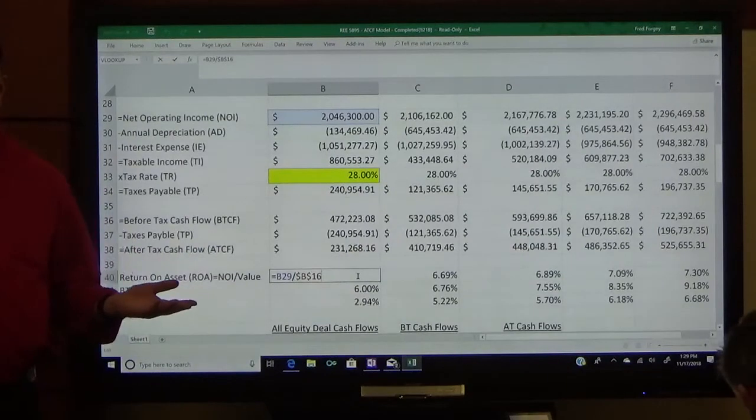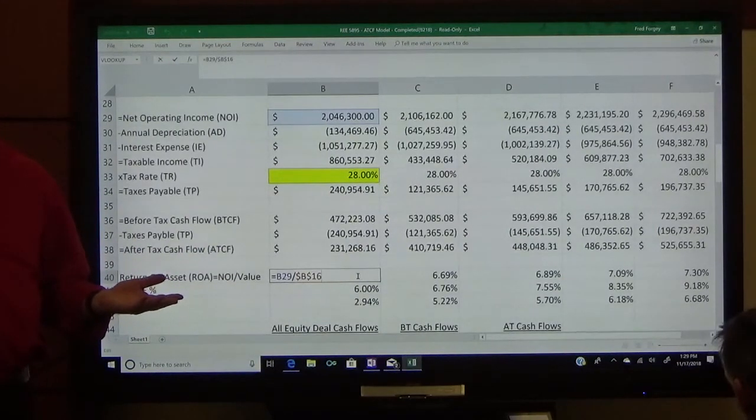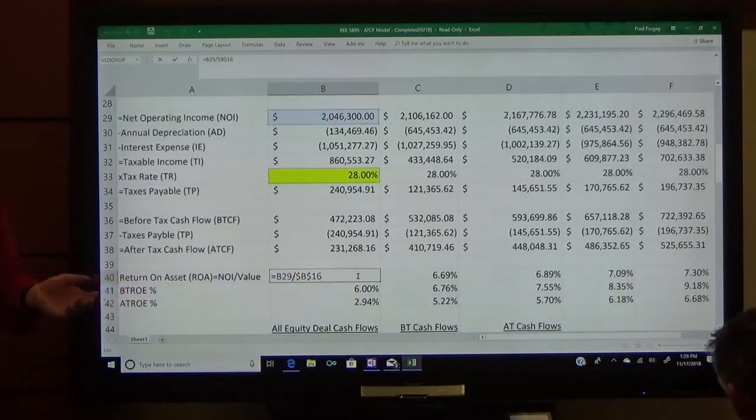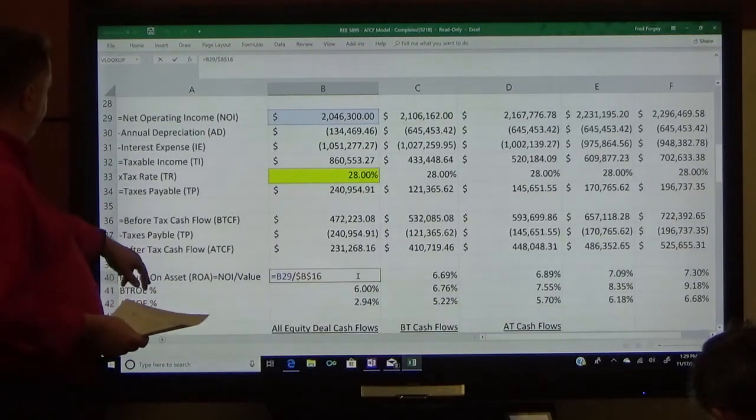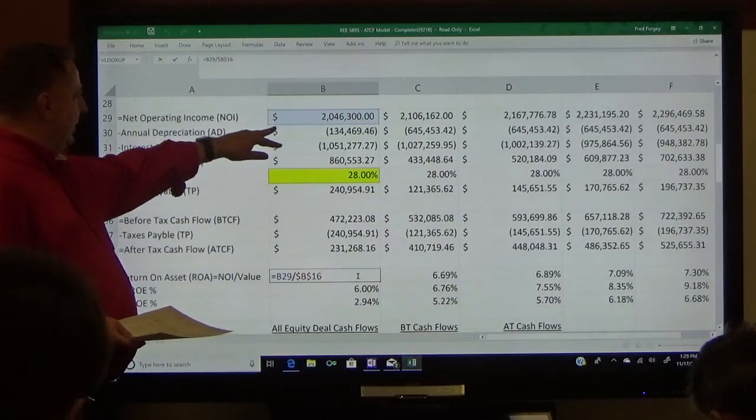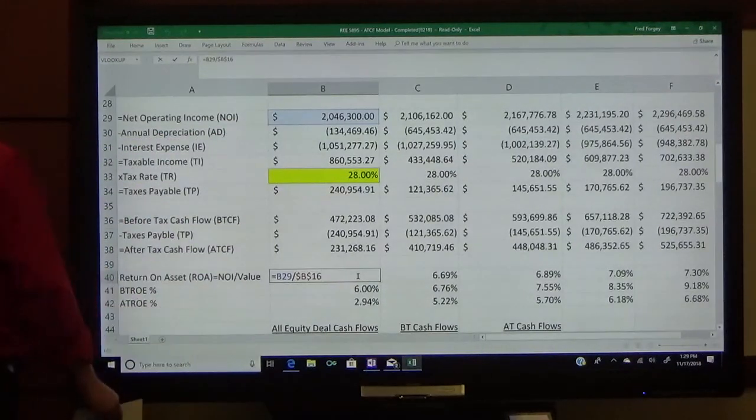You're going to take that 31,465,853 as your value. So you're going to take the net operating income divided by that, and in this case, it gives you 6.5%, which is in essence the equivalent of a cap rate.